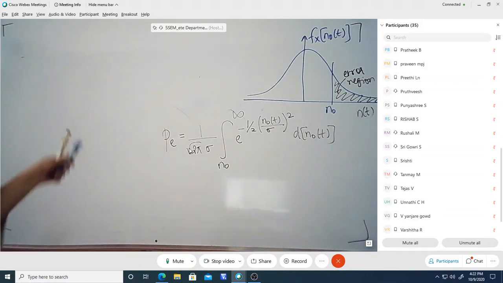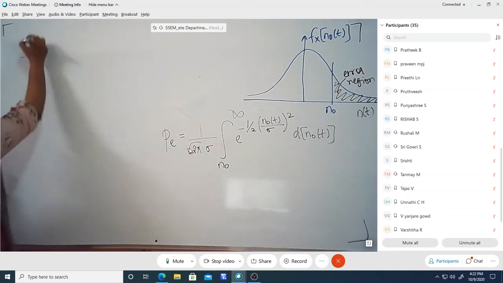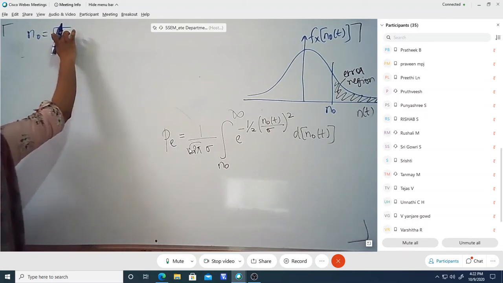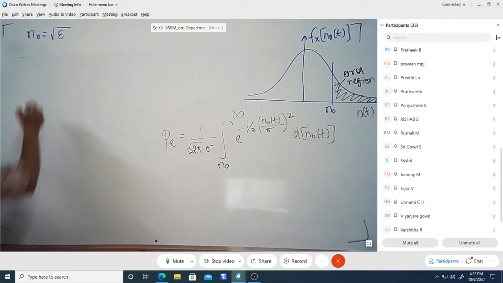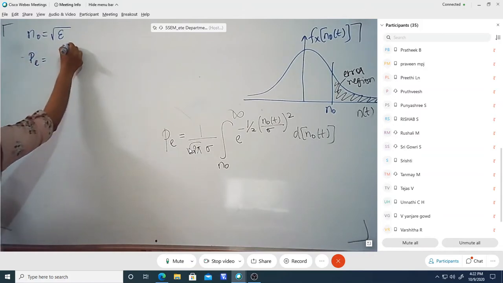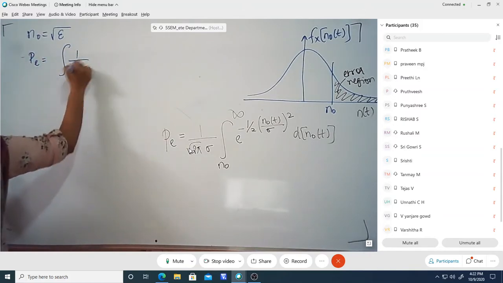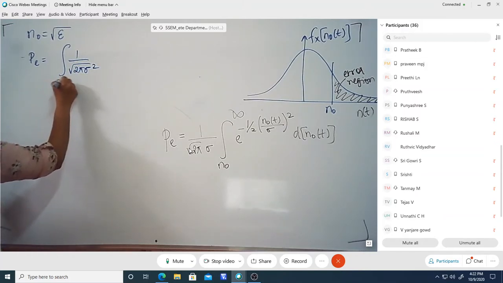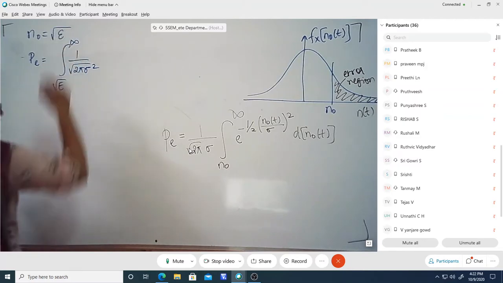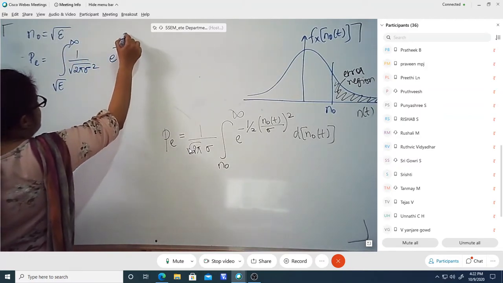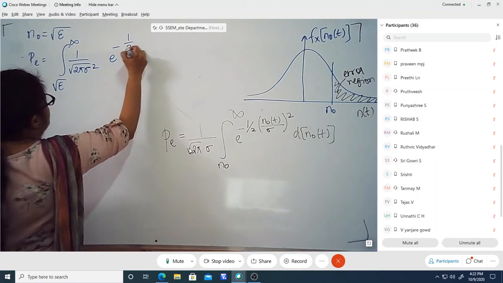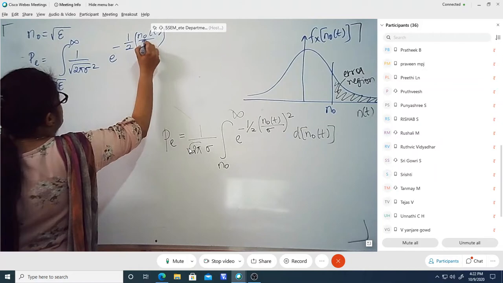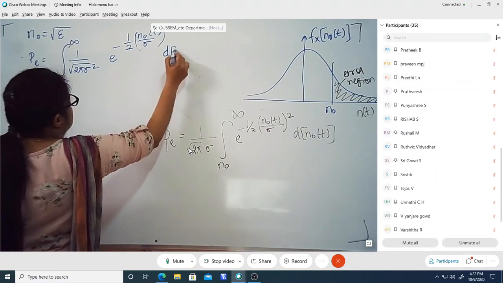Okay, so starting from here, now the n0 value should be root E. Therefore PE is written as the integral of 1 over under the root 2 pi sigma square, from root E to infinity, e to the power minus half into (n0 by sigma) whole square into dn0.